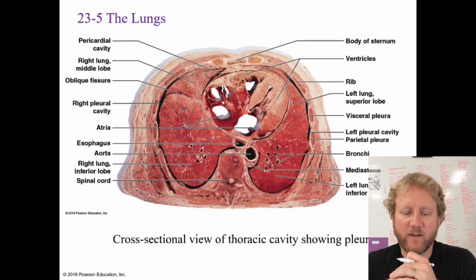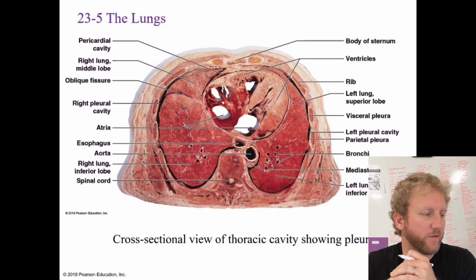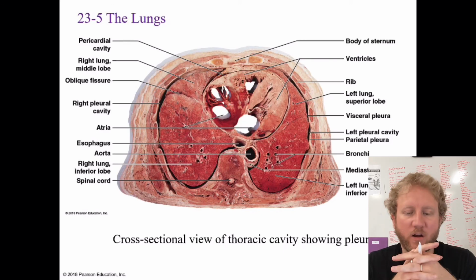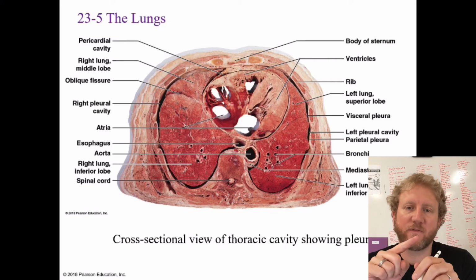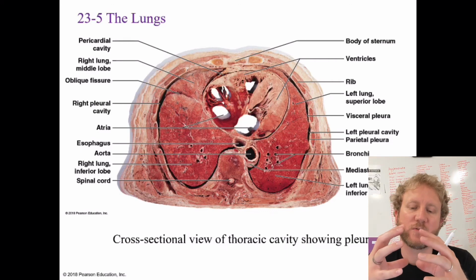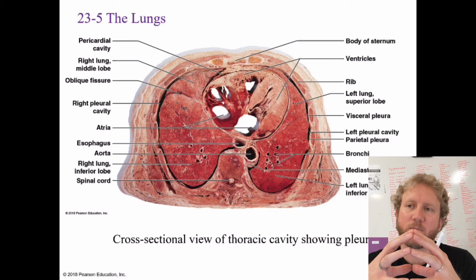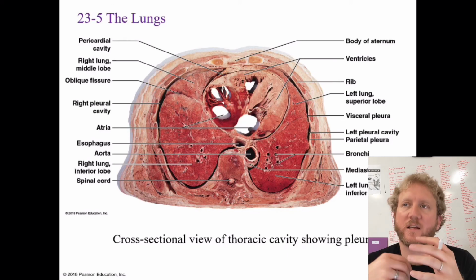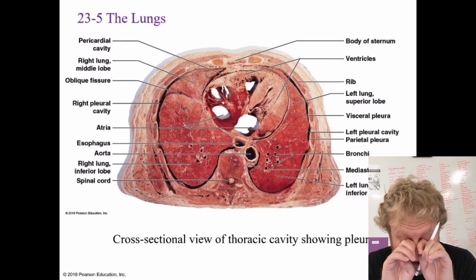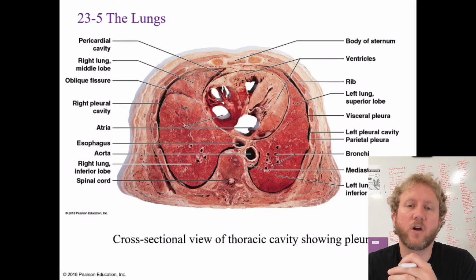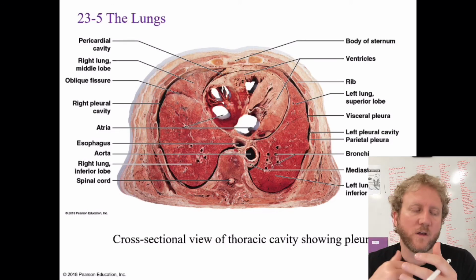Like I said, there are two pleural cavities. So here's a cross-sectional view of the thoracic cavity showing those pleura. The pleura is the name of the tissue that surrounds the lungs. An analogous structure would be the pericardium that surrounds the heart.